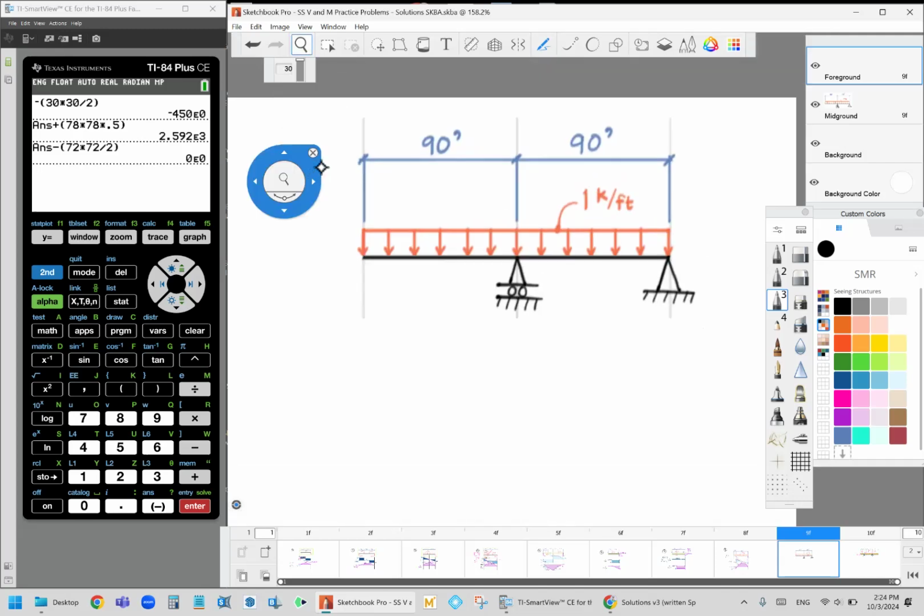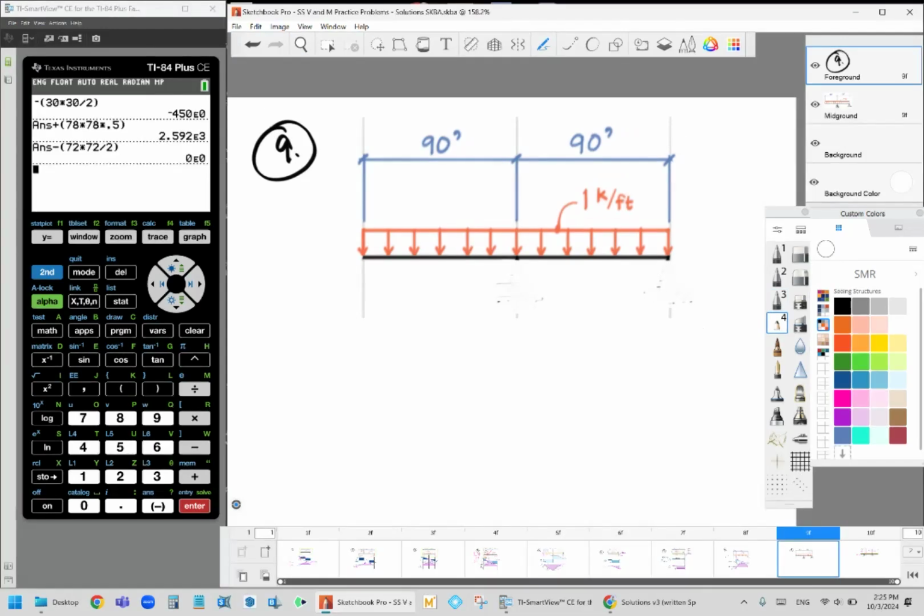Problem 9, a similar problem. So it's still 180 feet long. The load is 1 kip per foot. We need to get some reactions on here. And it's kind of an interesting problem because it's got a balance point right here in the middle.